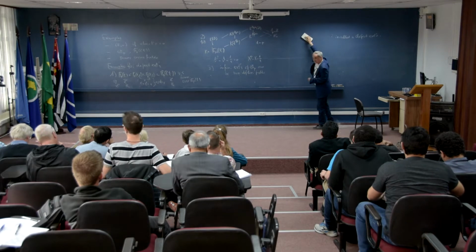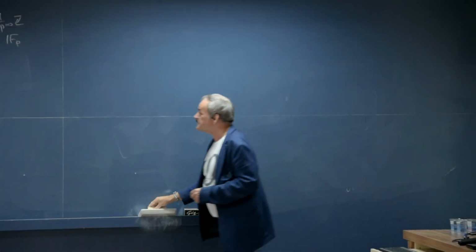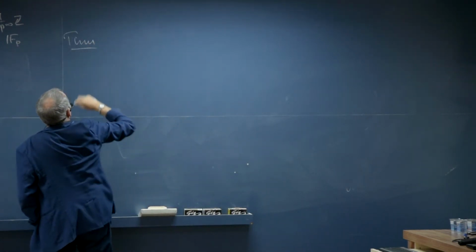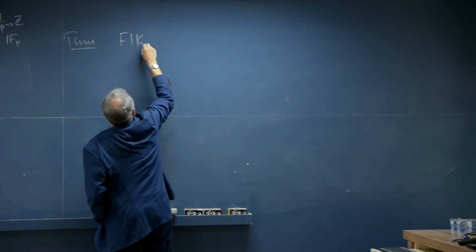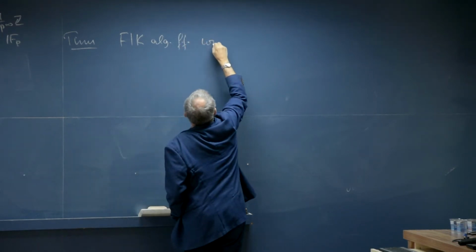Either show it's not there, or work around it. The first theorem that I want to show you is one of these cases where you show it's not there. So take F over K an algebraic function field with Abhyankar valuation.